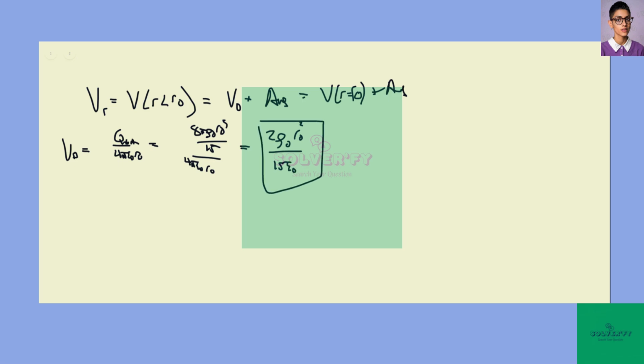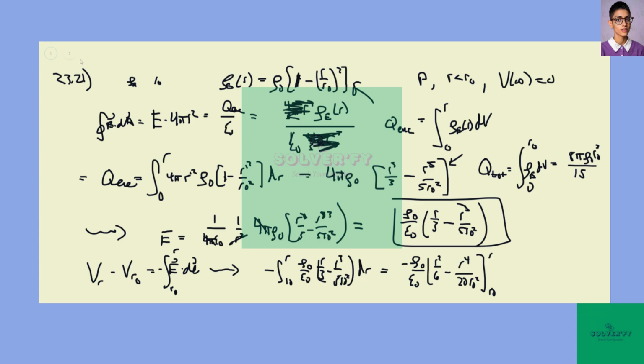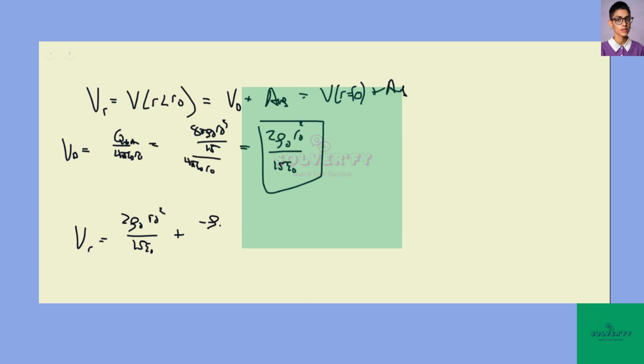Okay. Lastly, we plug in our stuff. There's a V naught, and we add on our answer, all evaluated from r naught to r.